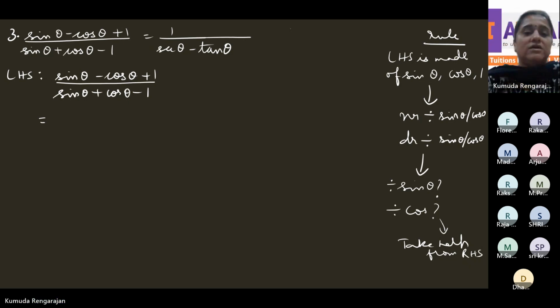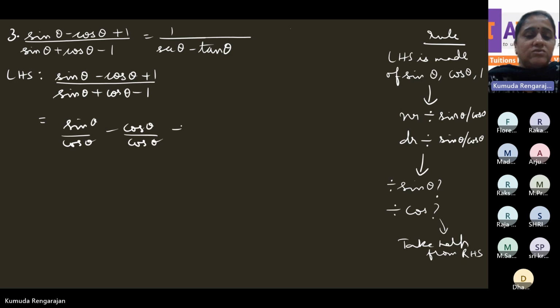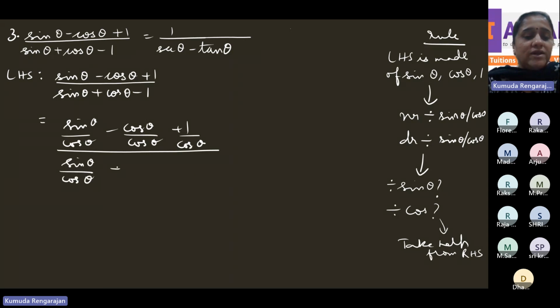Now, just divide: sin theta by cos theta minus cos theta by cos theta plus 1 by cos theta. That is, you're dividing the numerator by cos theta. Now we're going to divide the denominator also by cos theta. Dividing means you should divide every term.